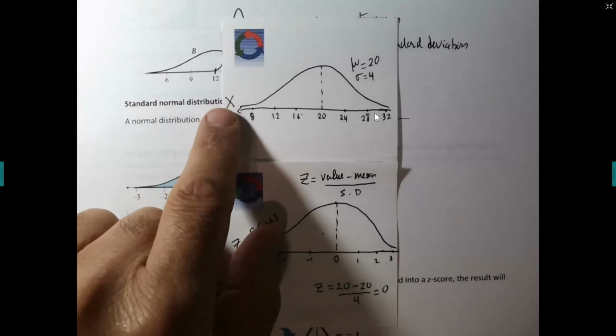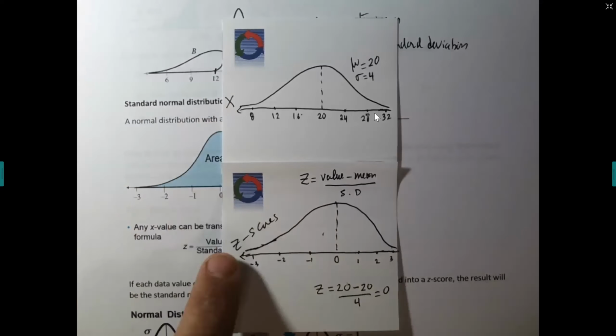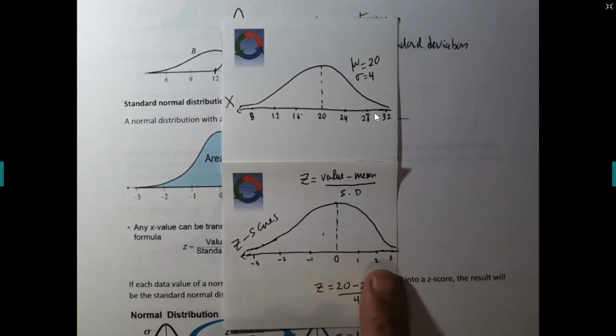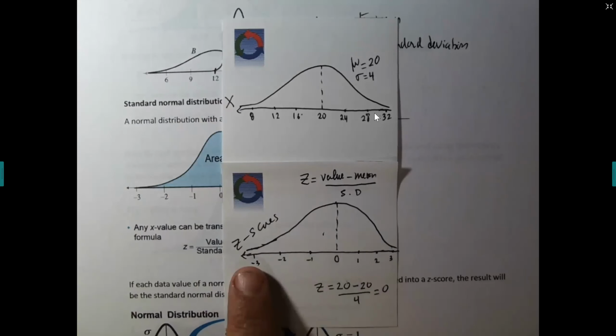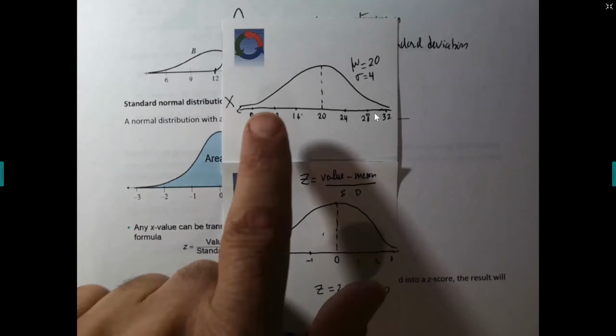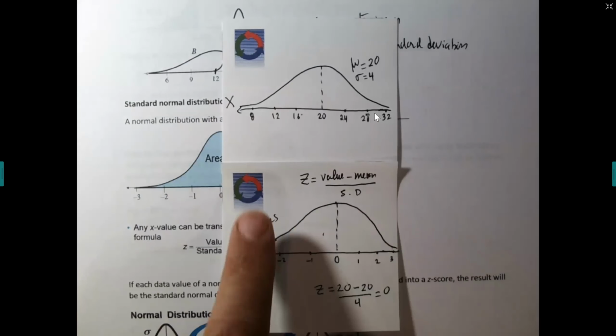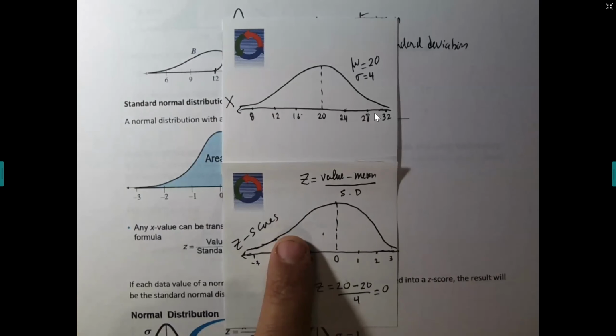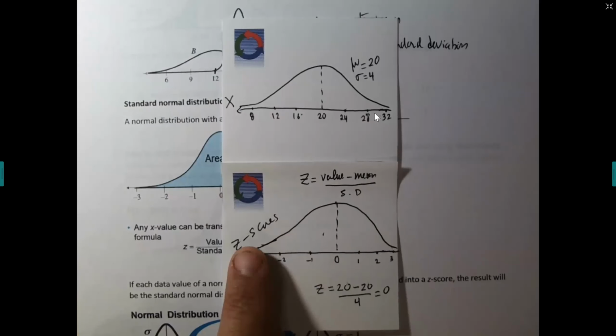Here we use the actual values. Here we use z values. And when your curve looks like this, 0, 1, 2, -1, -2, -3, this is called the standard normal curve. So once you use z labels, you call it a standard normal curve. And that's what I wanted to show you right here.